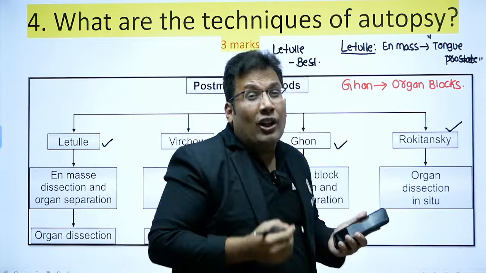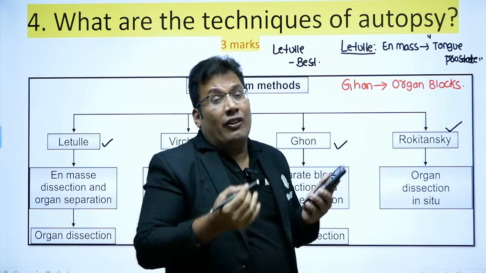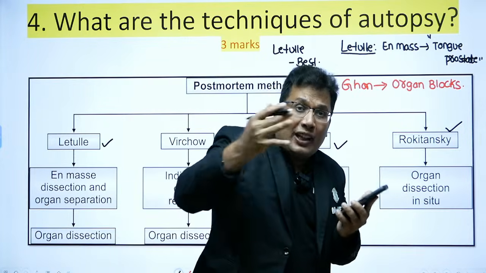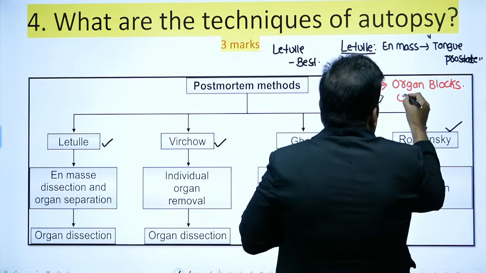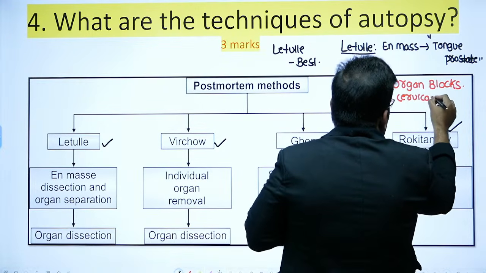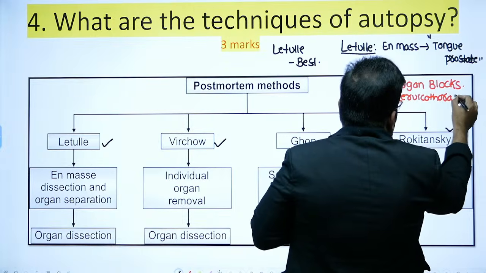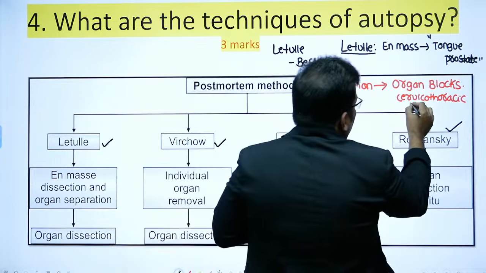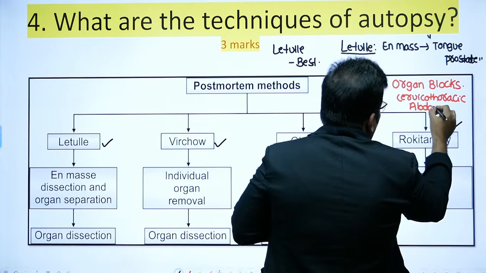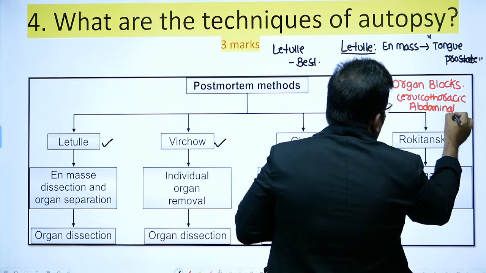So instead of removing all the organs from tongue to prostate, we are going to divide into three. One is cervicothoracic. The second one, abdominal. And the third one is pelvic.